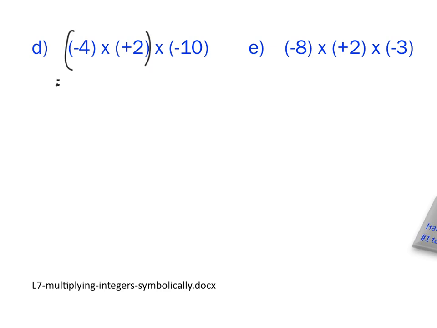So if we multiply the first 2 together, what do we get? Negative 8. But what we need to do is write down what we're not doing. We're not multiplying that by negative 10, so we're going to write that on the end. What junior high students often struggle with is writing down this step, because they often want to just do one calculation here, and then another calculation here.